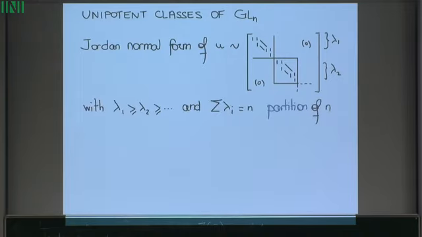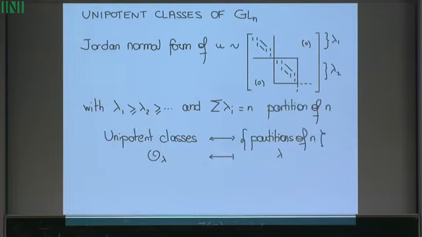The only condition is that all the λ's add up to n. So that gives a partition of n. And this is the classification of the unipotent classes. For each partition, you get a unipotent class whose representative is this u with its Jordan blocks. So for GL_N, unipotent classes are parameterized by partitions of n.